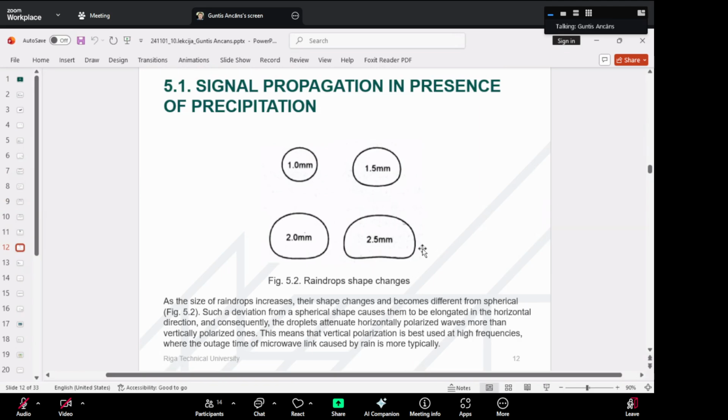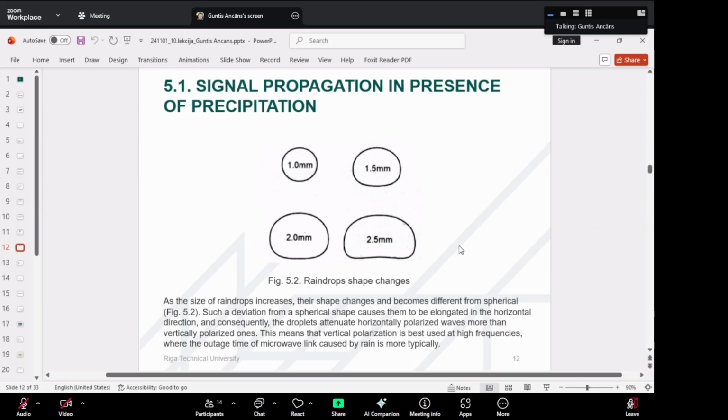The polarizations used in fixed radio communication systems are horizontal polarization and vertical polarization.